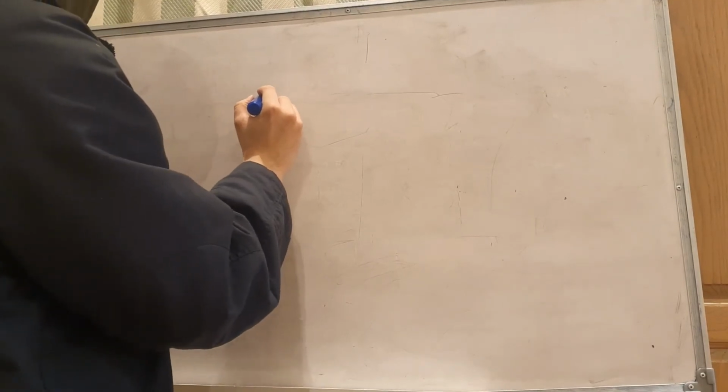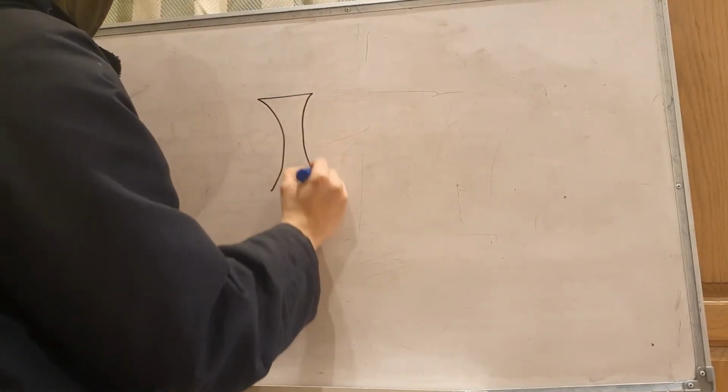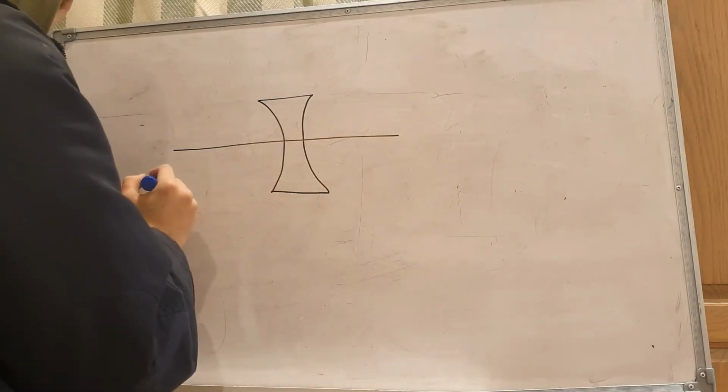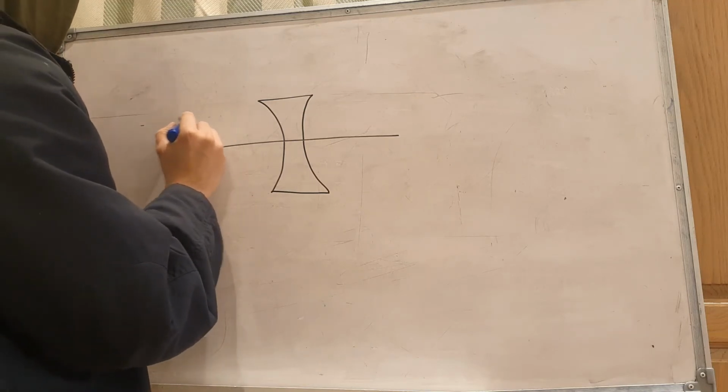Now, what about diverging lens? We've discussed converging lens, and what about diverging lens? Suppose a beam of parallel rays are going into this lens, it diverges. So let's just have a look. Okay, so we've got an array of parallel rays.